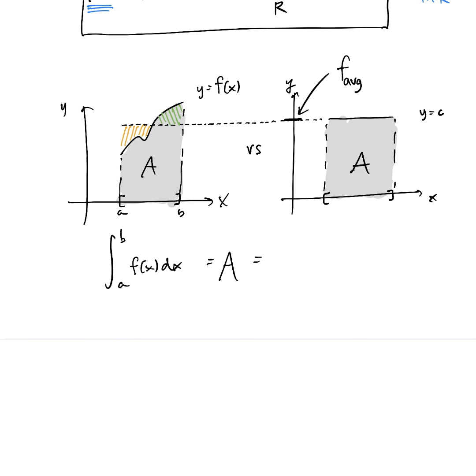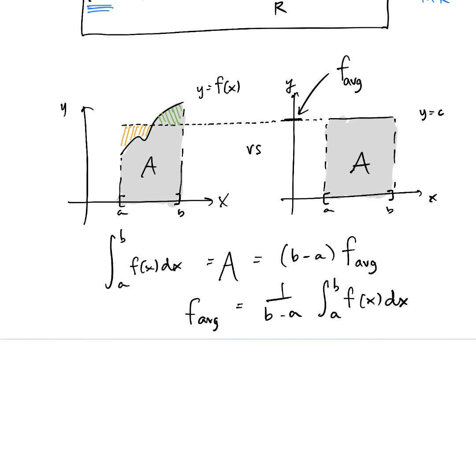But on the right, it's just b minus a, that's the base, times the height, which we're calling f average. So if you divide b minus a to the other side, you find out f average is nothing other than 1 over b minus a, integral a to b f of x dx.